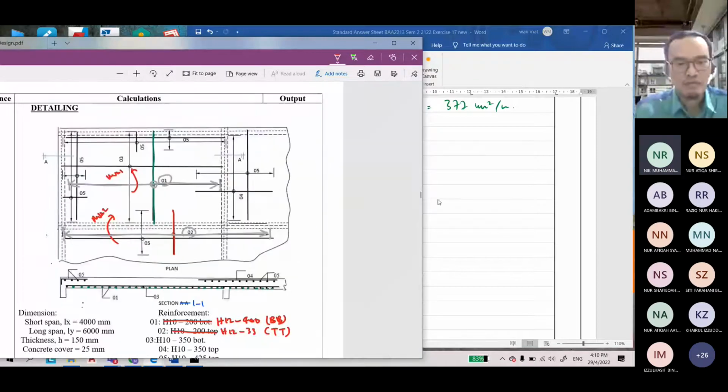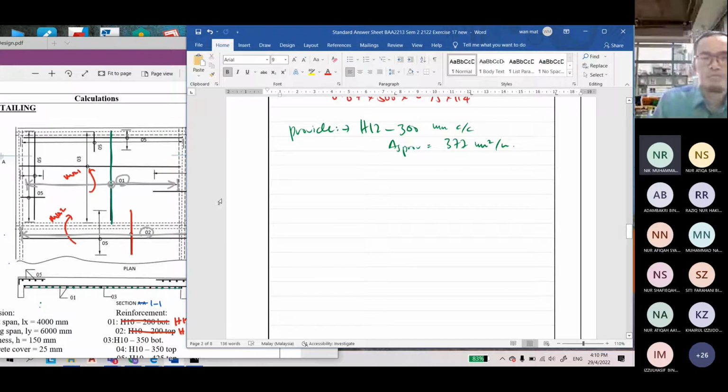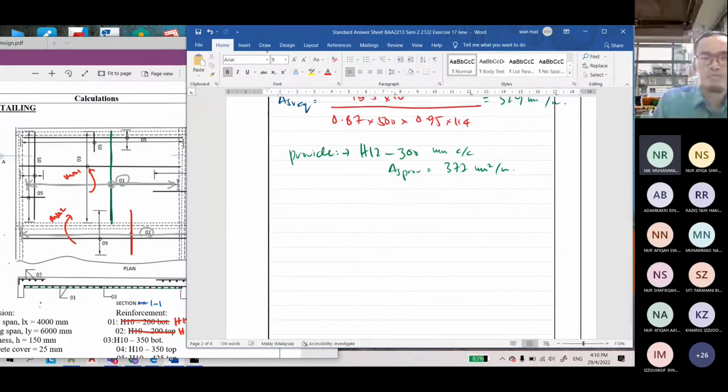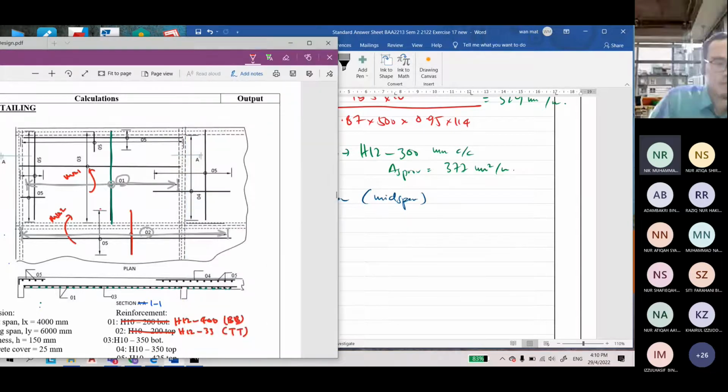Okay, and then what else? Okay, we go for the long span, for mid span. Everyone can do this, I do not want anything left out. This is very important. Long span. So this one, for MSY1.